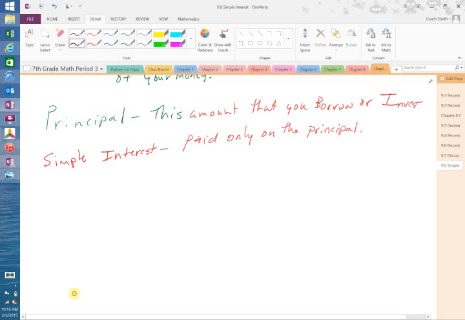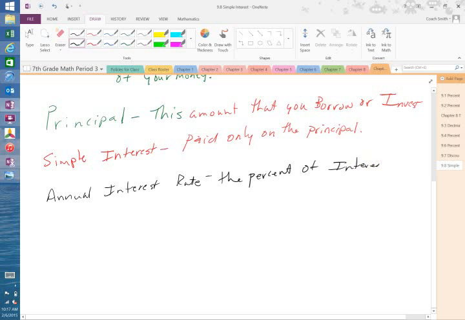Now, annual interest rate. This is the percent of interest that will be charged or paid annually, in a year.